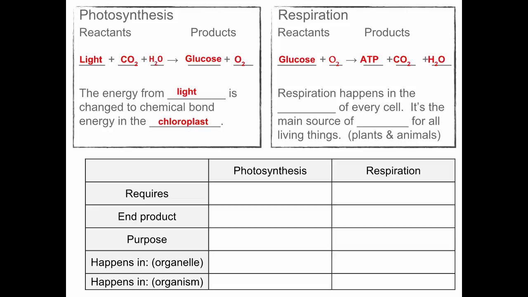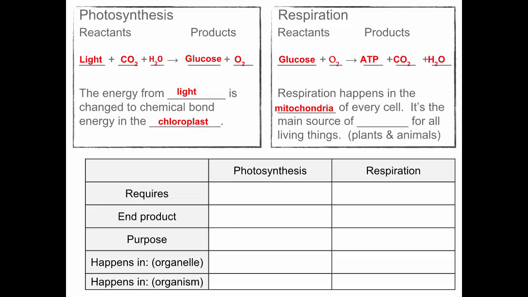What organelle does cellular respiration take place in? Think about what it is producing. The mighty mitochondria, yes. That happens in the mitochondria. When we say the mitochondria releases energy for the cell, that's because respiration happens in the mitochondria.